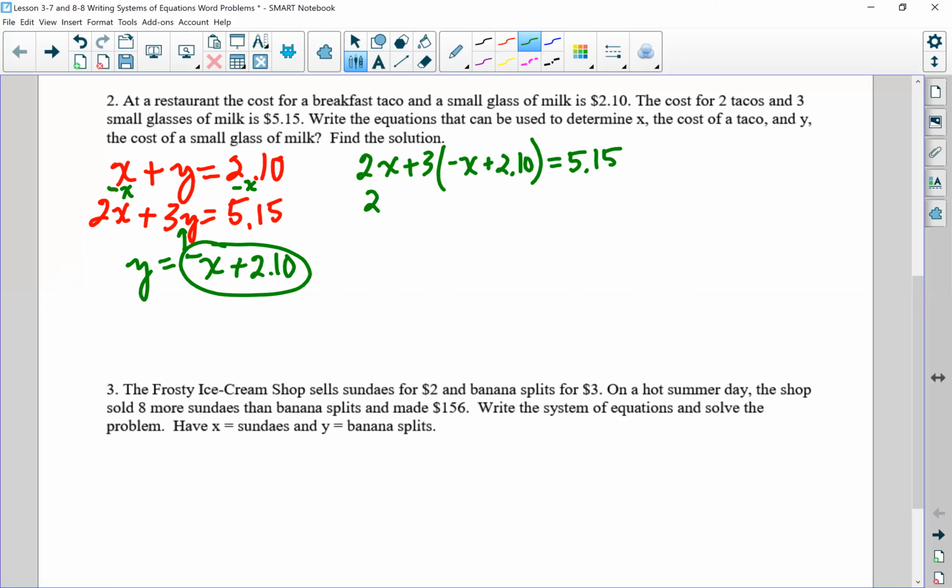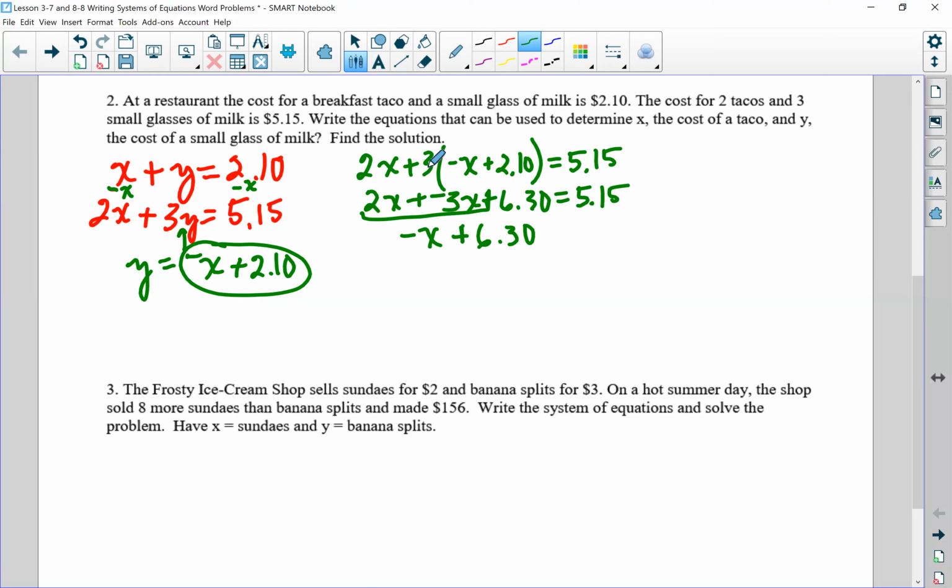Now I go ahead and distribute first. So I'm going to have negative 3x minus 630 equals $5.15. Okay, now I'm going to combine these like terms. So I'll have negative x minus 630. Oh, that should be plus. I don't know why I made that minus. Sorry about that, guys.